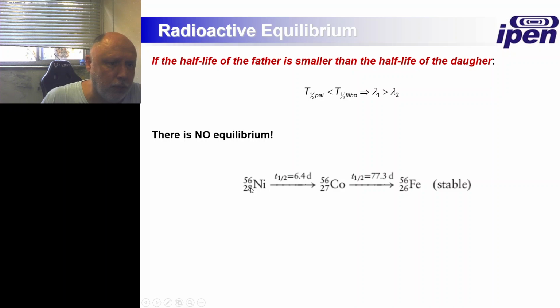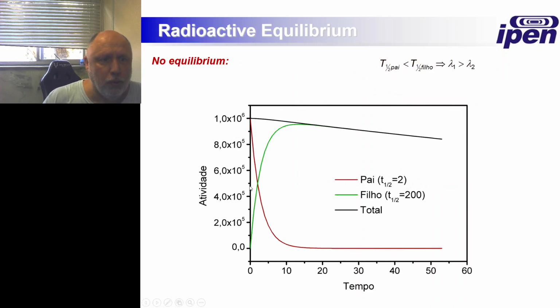This is the case for nickel 56 that decays into cobalt 56 that decays into iron 56. It's 6 days here, 77 days here. Nothing really happens. This one decays with its own half-life, and the daughter is created and maintains itself.